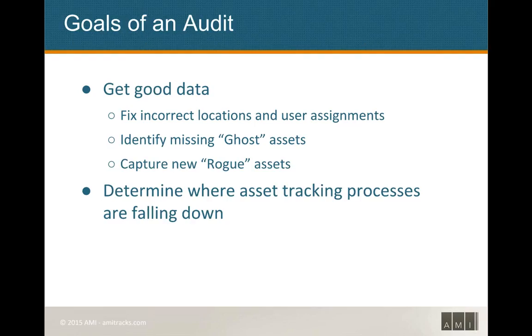So 2 goals. First, again, fix any problems in the database, and I'll show you how we do that. But then we also want to be tracking statistics about your accuracy data over time by location, so that you can identify where you need to focus your attention and provide additional training, etc.